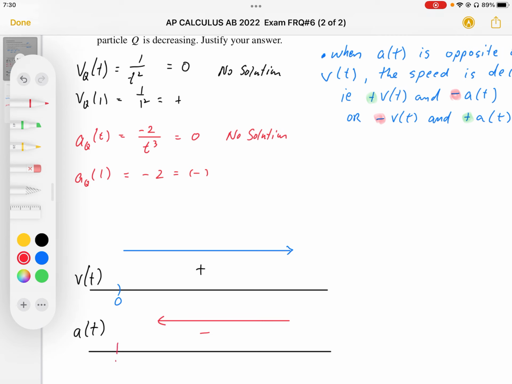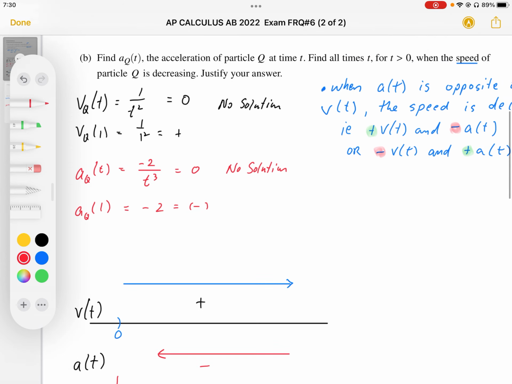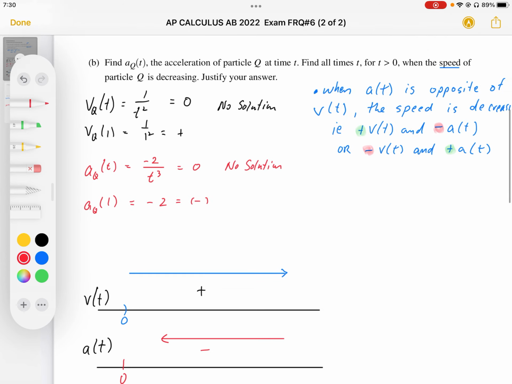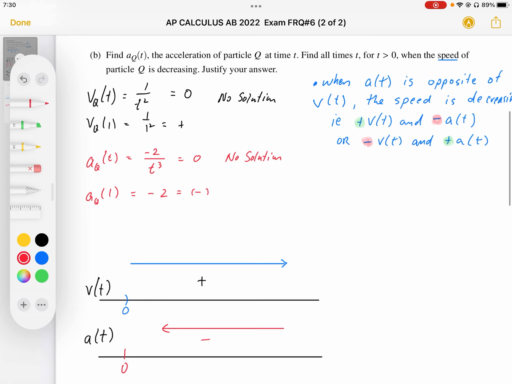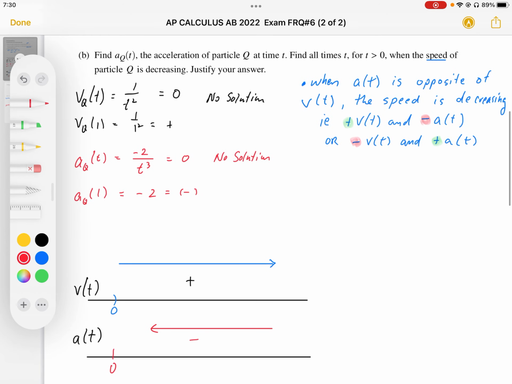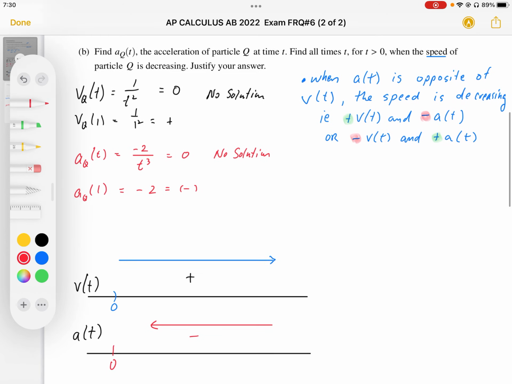So for t greater than 0, we know that the speed of the particle Q is always decreasing. Okay, so this is an always decreasing function, so its speed is decreasing for t greater than 0.